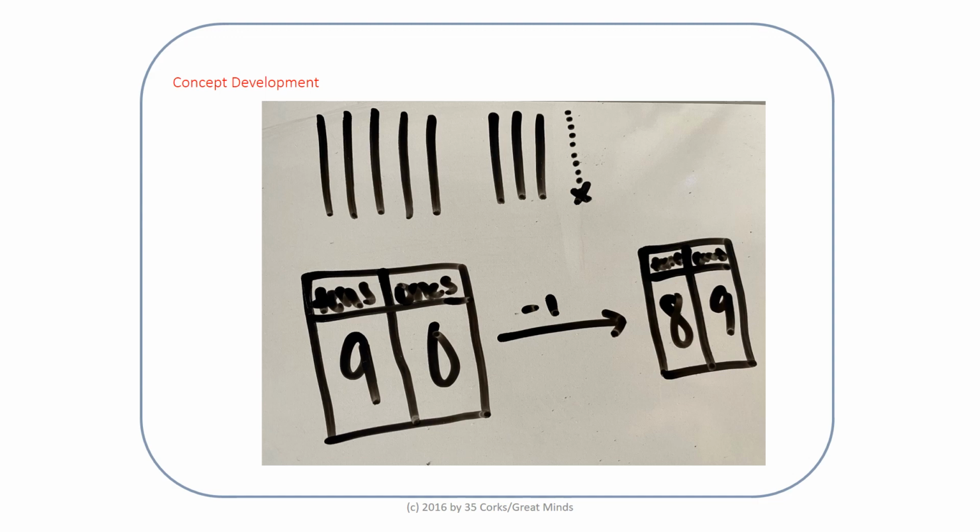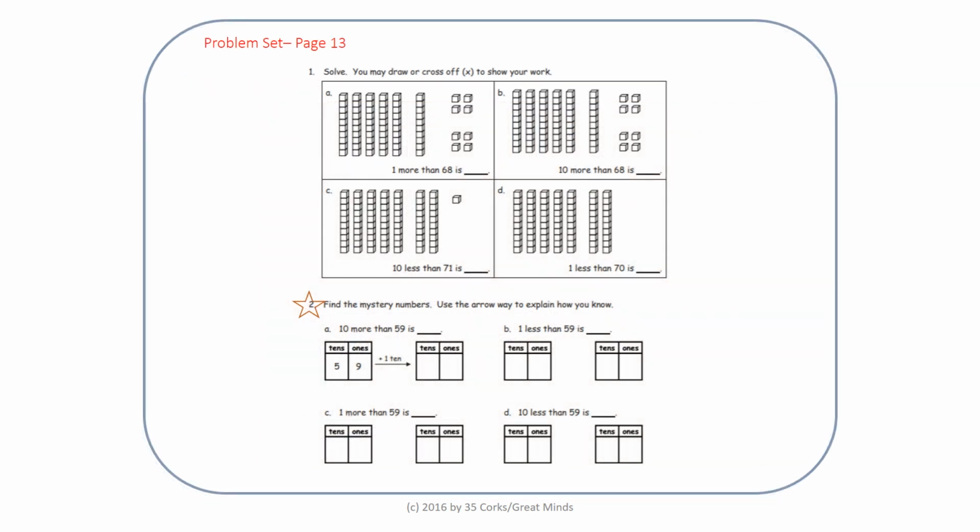Now I'm going to quickly go over what your work looks like today. On page 13 of your packet, looking at number 1, your directions are solve. You may draw or cross off to show your work. So that means you might have to draw a new quick 10 or a 1, or cross off using an X to show your work.